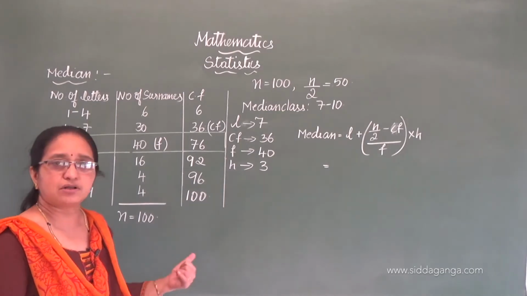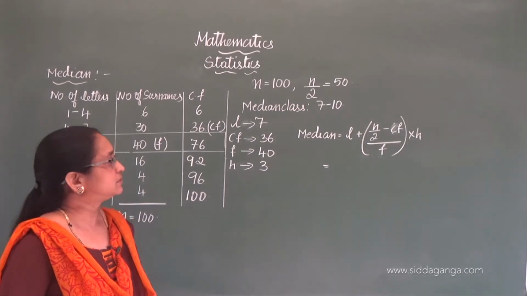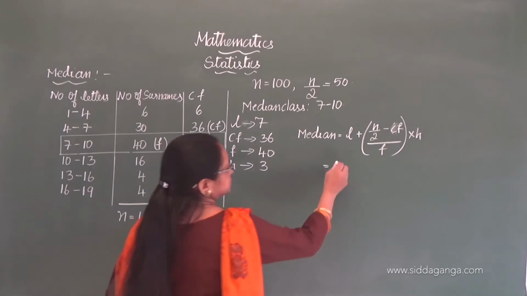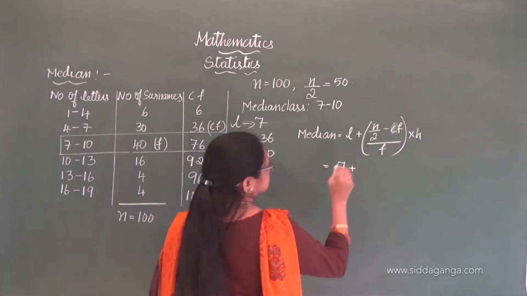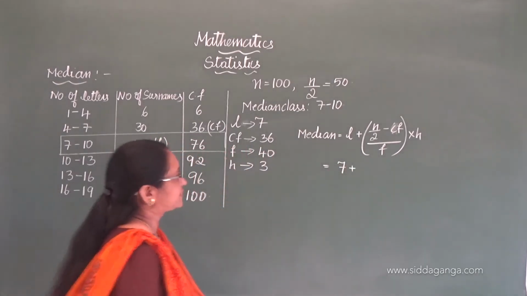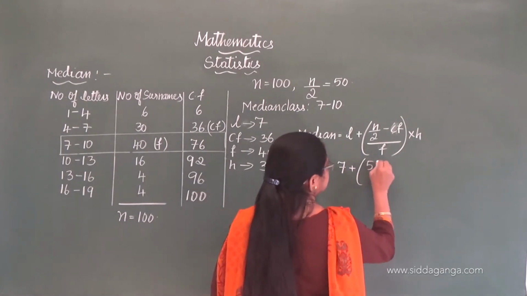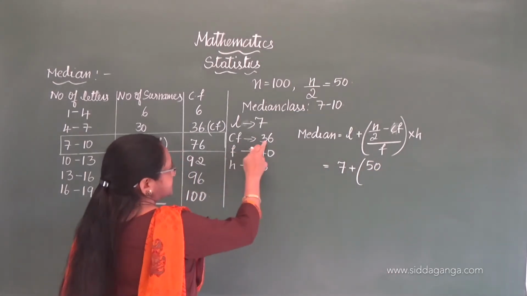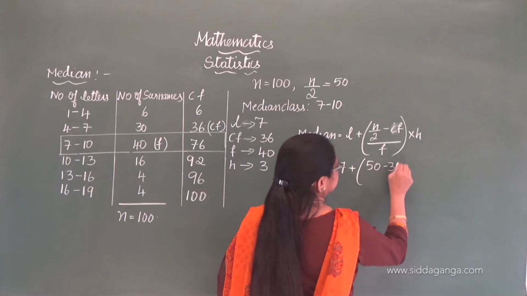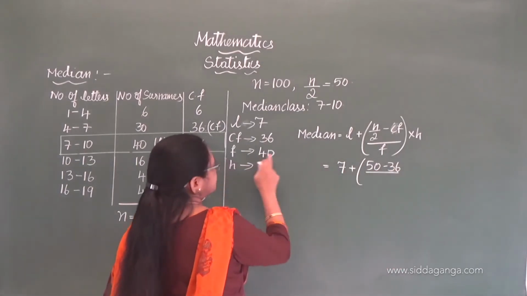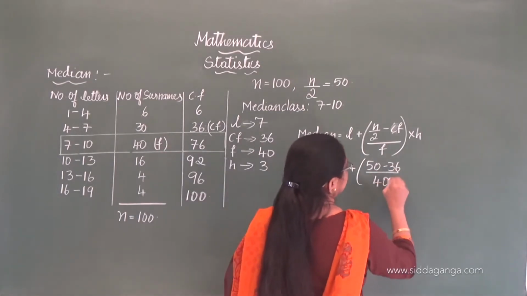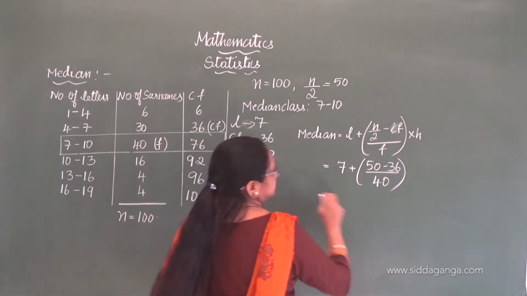We are finding the median, mode and also the mean. So L is 7, plus n by 2 is 50, 50 minus cumulative frequency 36, divided by F, which is 40, and H is 3.